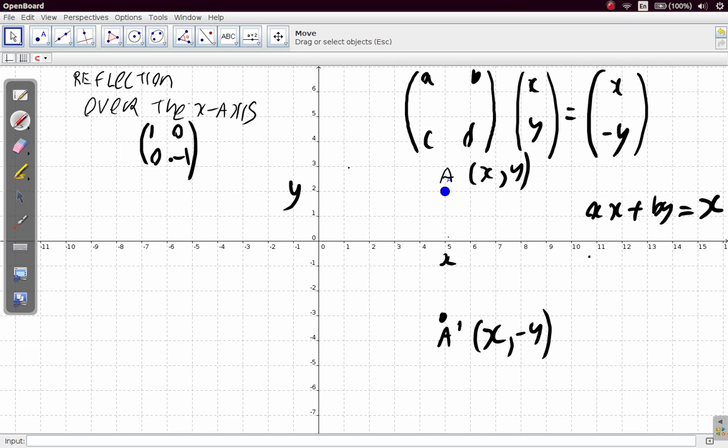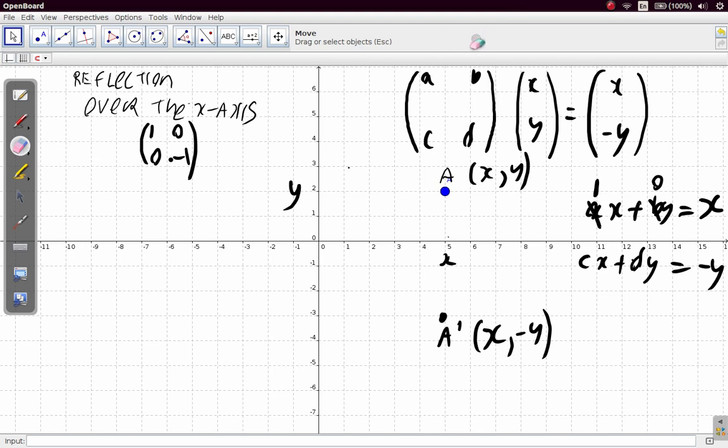C times X, so CX plus D times Y, DY, gives you negative Y. Now, A by X gives you X, so that means A must be 1. Alright? 1 times X gives you X. B by Y, there's no Y there, so B must be 0. So A is 1 and B is 0.